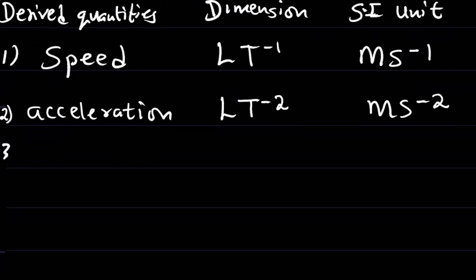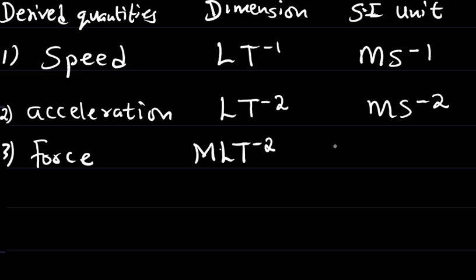Number 3, we have force. Force in terms of dimension is mass times acceleration, that is M multiplied by acceleration, which is LT raised to the power of minus 2.